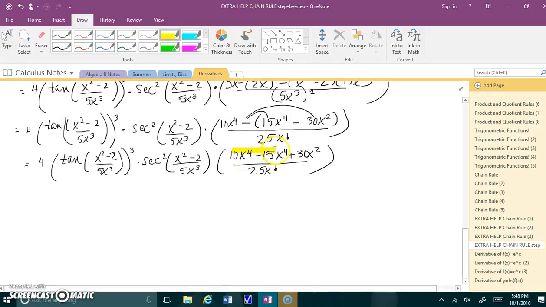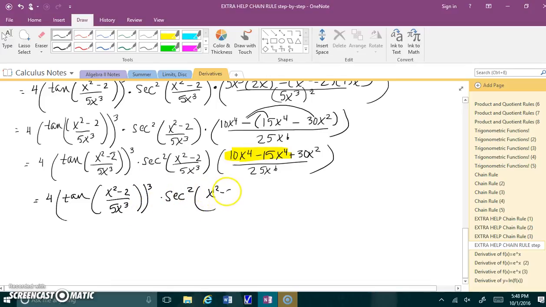Now I'm going to look for more simplifying. I can do 10x to the fourth minus 15x to the fourth. So let's rewrite everything again. So 4 times the tangent of x squared minus 2 over 5x cubed, that's all cubed, times secant squared of x squared minus 2 over 5x cubed. And let's see, minus 5x to the fourth plus 30x squared, whoa, all over 25x to the sixth.